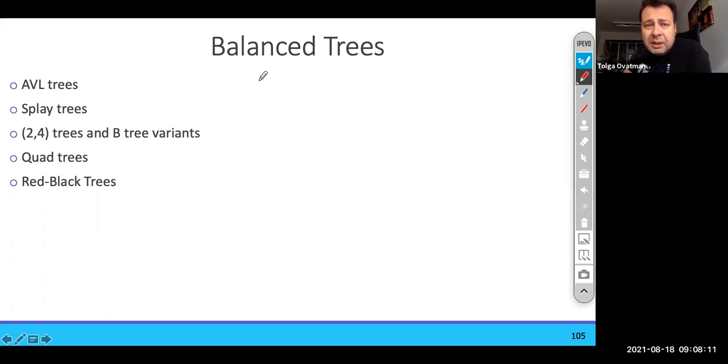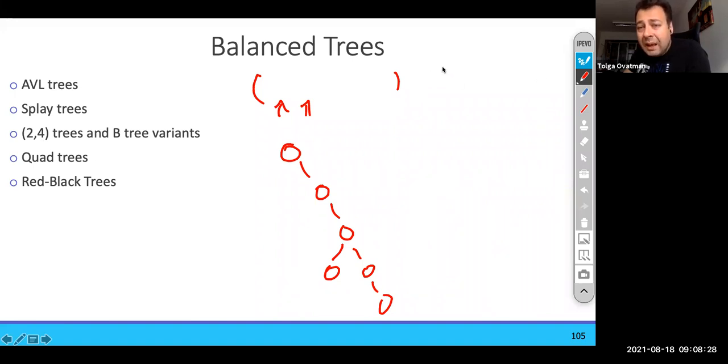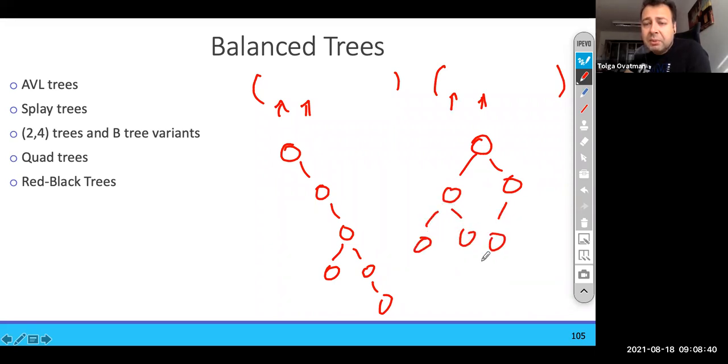We add some number of elements to a binary search tree one by one, and we end up with a tree that looks very much like a linked list. But if we add the same numbers again, one by one, in a different order, we can have a different tree structure with the same number of nodes, but much more balanced compared to the previous case.